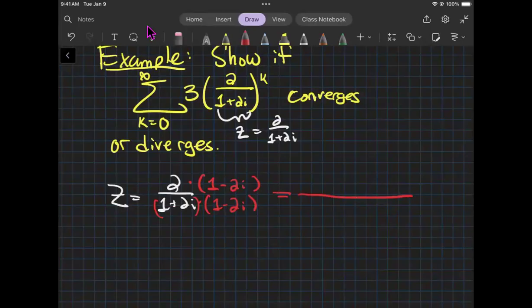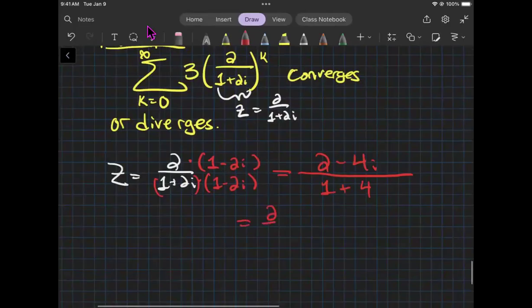This will equal 2 minus 4i, divided by 1 plus 4, since 1 plus 2i times 1 minus 2i gives 1 plus 4. And so this equals 2/5 minus 4/5 i.